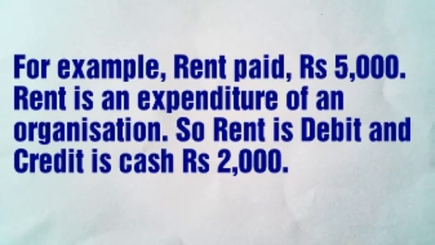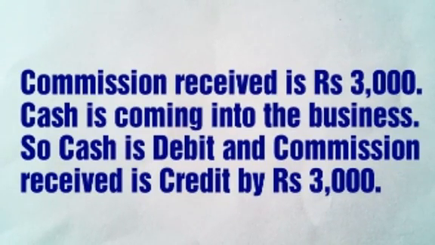Rent is an expense of the organization, so rent is debited to cash 2,000, being the rent paid in cash. Again, commission received rupees 3,000. Commission is the income to the organization, so commission received is debited to cash.